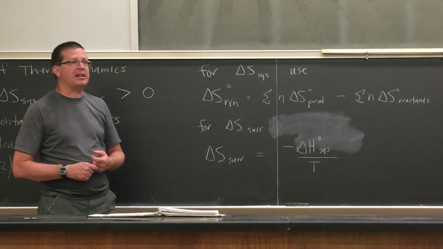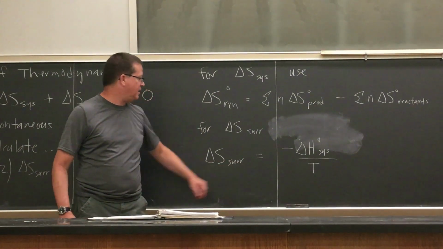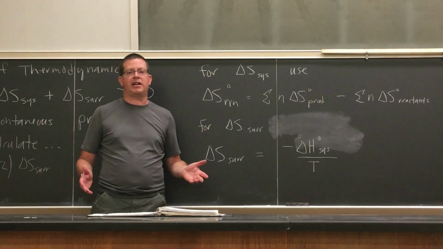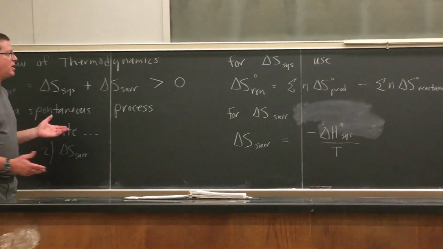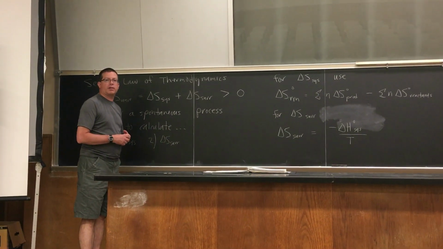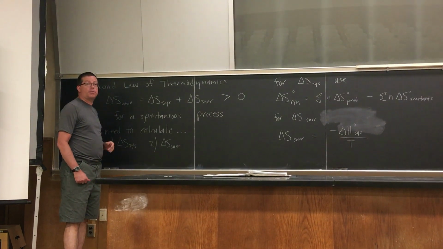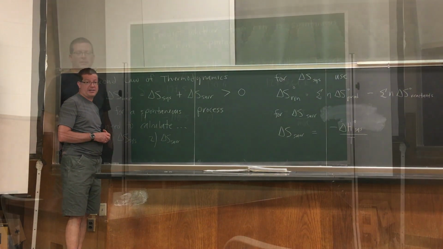So what I would expect to see for an exothermic process is an increase in the overall entropy of the surroundings. That's the other piece of the puzzle that I need. So let's take a look at an example of how we can use these two calculations to predict whether or not a process will be spontaneous at a given temperature.